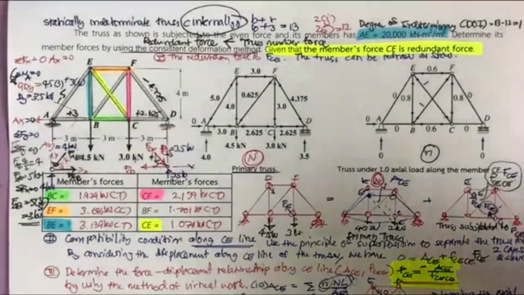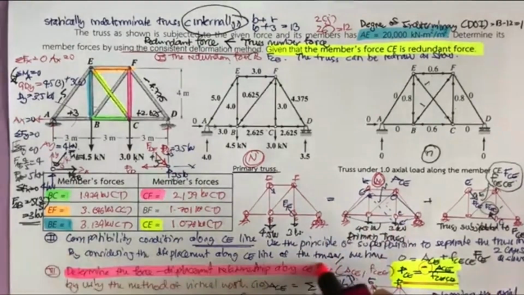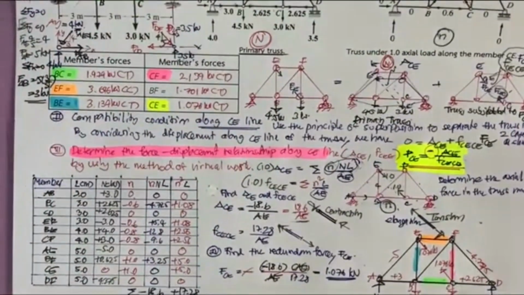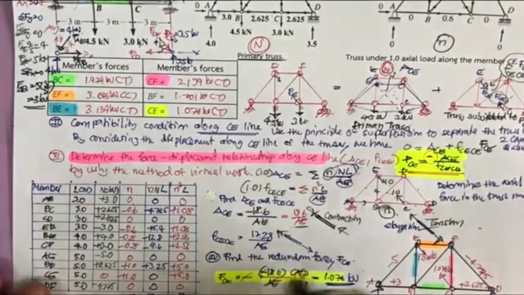And then the problem changes into what we have learned before: determine the force displacement relationship by using the method of virtual work or any method that you like. And finally, you get the F sub CE of this.